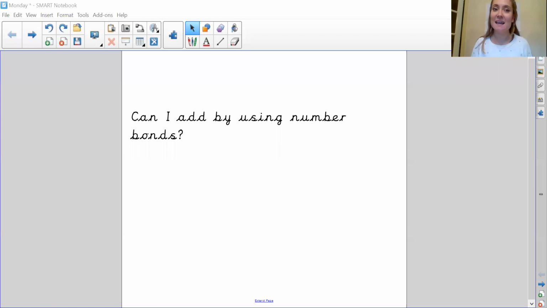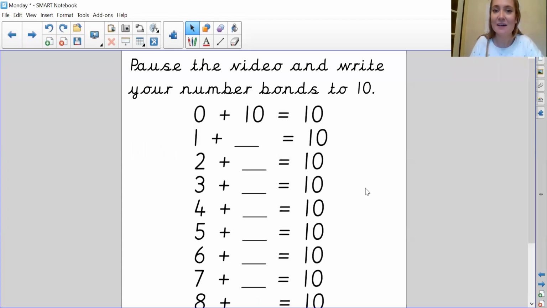So our objective today is, can I add using number bonds? I know we looked at number bonds on Friday last week as well. So I'm not going to go over this with you. This is something I want you to do as your starter, and I'm hoping the more we do these kind of things, the quicker we're going to get.